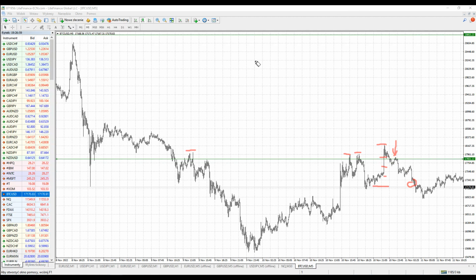We have to know where our stop is. That's the most important thing. That's the crucial thing when it comes to short-term trading, especially on the 1-minute or 5-minute time frame chart, okay?